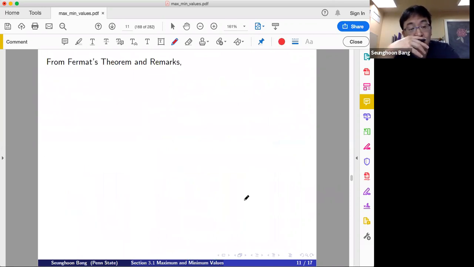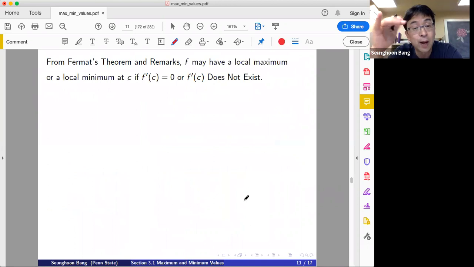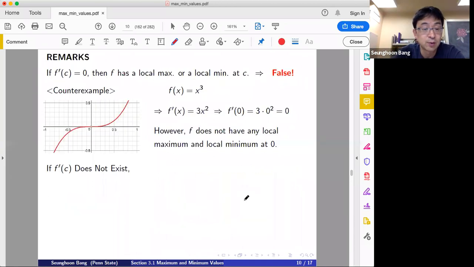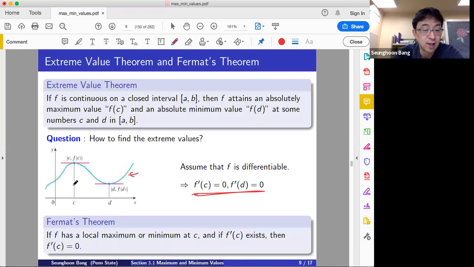The next is from Fermat's theorem and the remarks. So what's that? f may have a local maximum or local minimum at c if the first derivative equals 0 or does not exist. It's right. We have two possibilities from the previous examples. Like this, here is right: the first derivative equals 0.